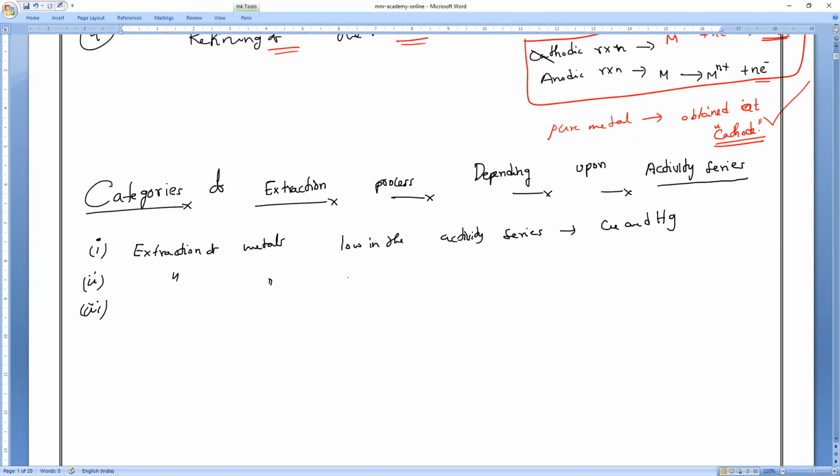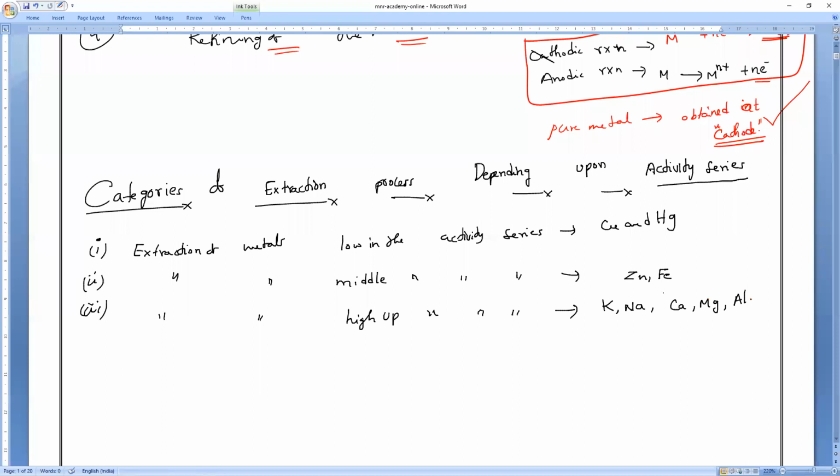Extraction of metals in the middle of the activity series includes zinc and iron. Next, extraction of metals high up in the activity series. What are those? Sodium, potassium, calcium, magnesium, and aluminum.